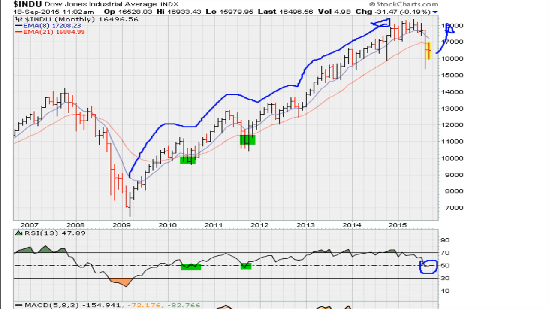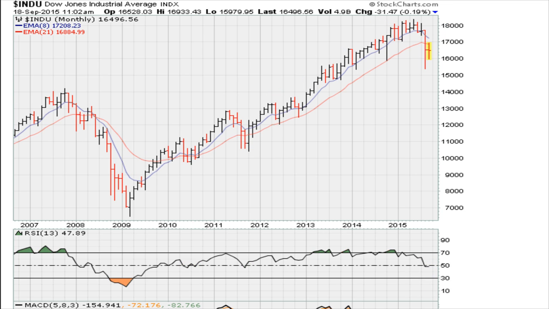Otherwise, and this is important, if we can't stay above 50 for the first time since 2010, then that's going to suggest that this is a market that is actually poised to go lower. And so visually, this is where the fight is taking place. It's taking place on whether the market can hold above 50 or not. And it's an important distinction. If it holds with uniform activity above 50, that's a good market. If it fails, then that's a market you want to avoid.